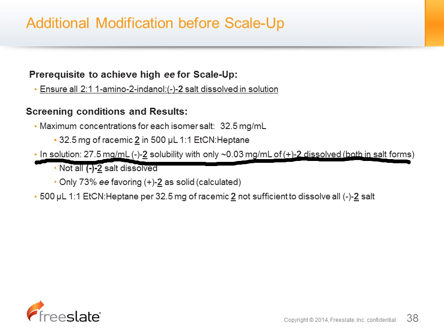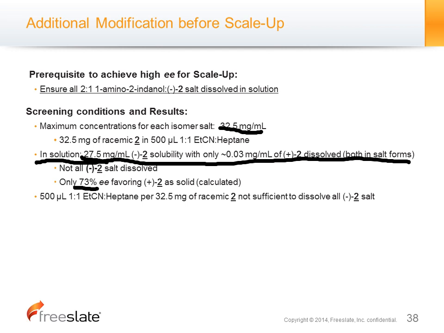So in a way, not all the -2 salt has been dissolved. You see the discrepancy between what can be dissolved and what was dissolved. The difference between these two numbers means there's still some -2 stuck in the solid, which is not good, because that lowers the EE of the solid.